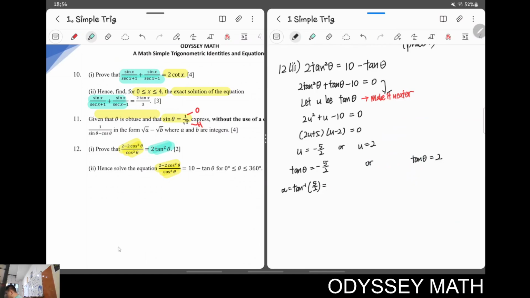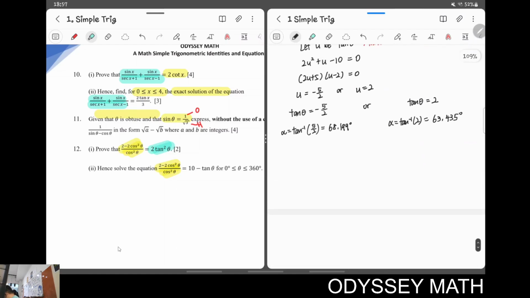Let me do a quick check. For myself, I would actually leave it in 3dp. This will be 68.199 degrees, or alpha equals to tangent inverse 2. So this will be 63.435 degrees.